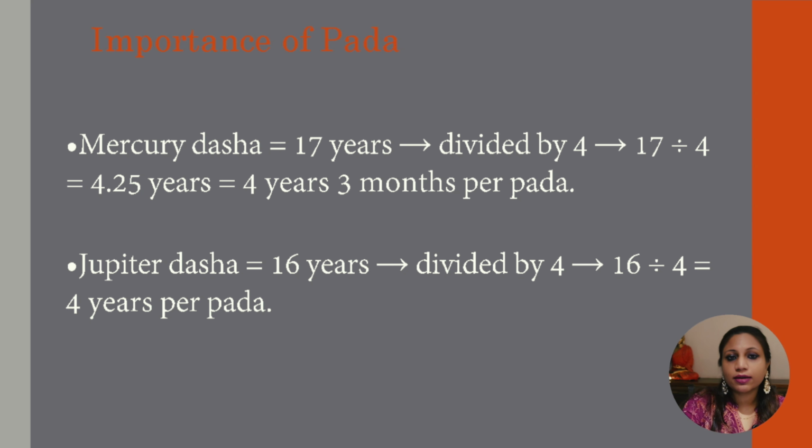So the first pad falls in 0 degrees to 3 degrees 20 minutes, then 3 degrees 20 minutes to 6 degrees 40 minutes, then from 6 degrees 40 minutes to 10 degrees, then from 10 degrees to 13 degrees 20 minutes. So if Mercury is in the fourth pad, above 10 degrees, Mercury has to give results of Ketu, but when? In the last span, in the last time frame.